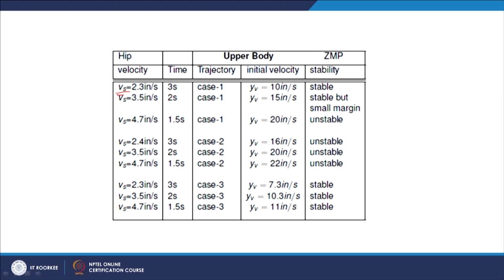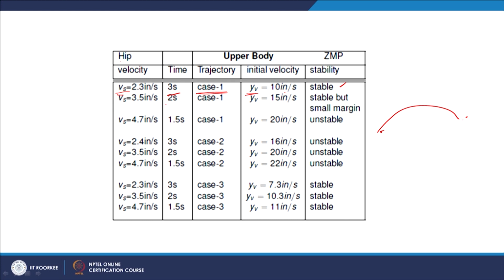The time is 3 seconds for one step: starting from the initial position to the final position, the ankle moves in 3 seconds for one particular step, and the upper body moves as in case 1 with velocity yv of 10 units per second taken as data, and it shows that the walking is stable. That means the ZMP lies in the stability region during all the 3 seconds.